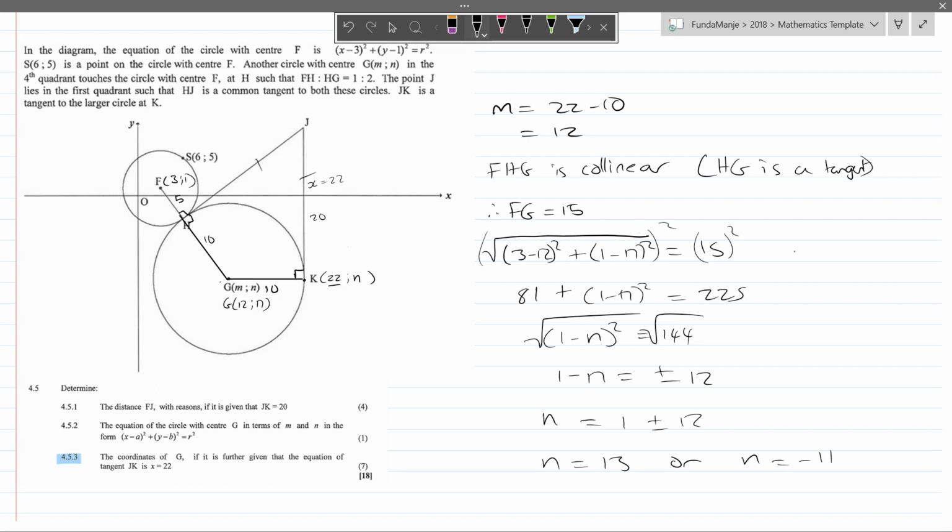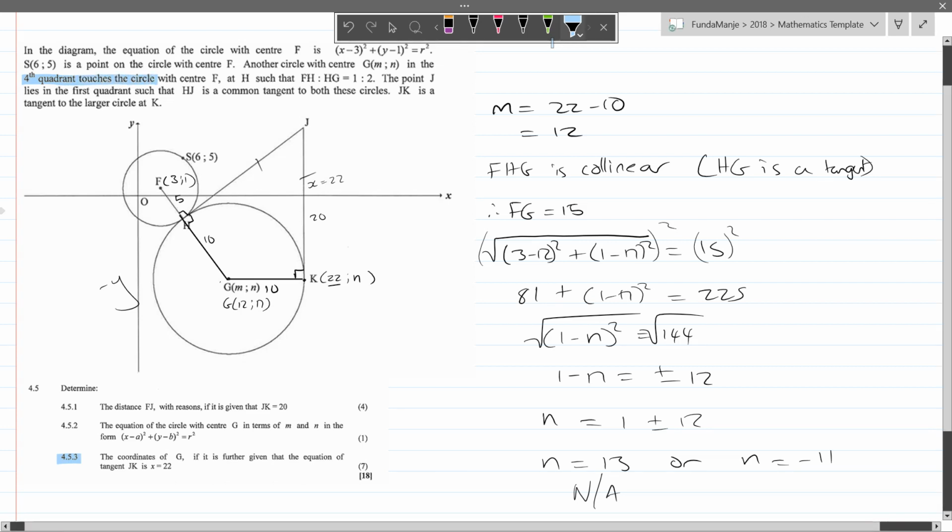And then it's up to us to discern which one is the correct value here. Is it minus 11 or 13? So judging from the graph, n is on the negative y side. So that means any positive answer should be discarded. They also tell us here that this circle is in the fourth quadrant.